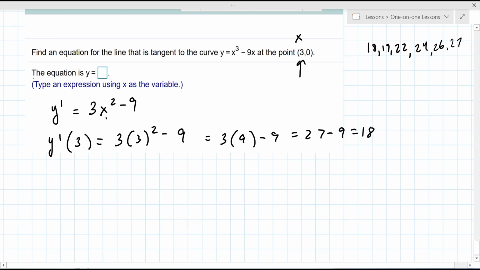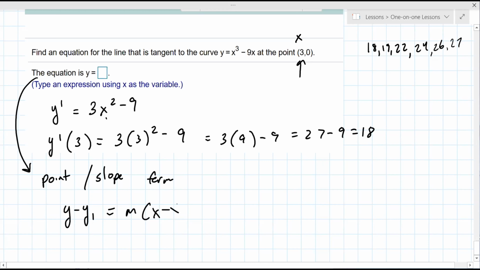So then we have to write the equation of the line. The point slope form is the one you want, and that is y minus y1 equals the slope times x minus x1. Your x1 and y1 come from up here. Yeah, so your y is just a 0. It's not always 0, but they just happen to be on this one.